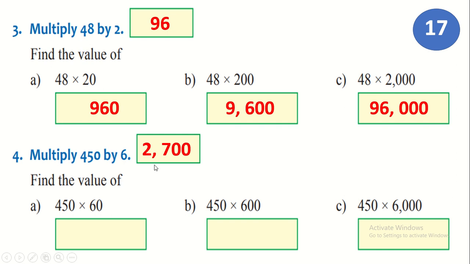The answer is 2,700. Correct, students? 450 by 6 is 2,700.